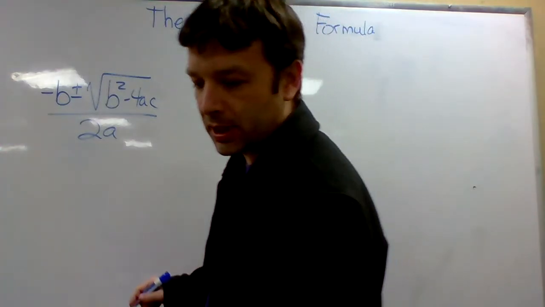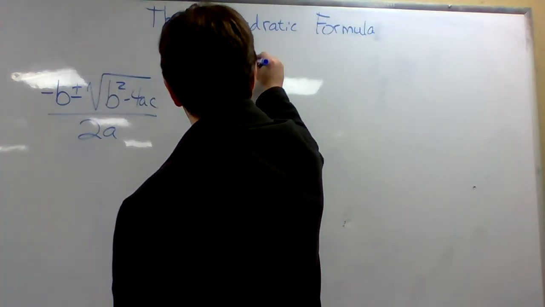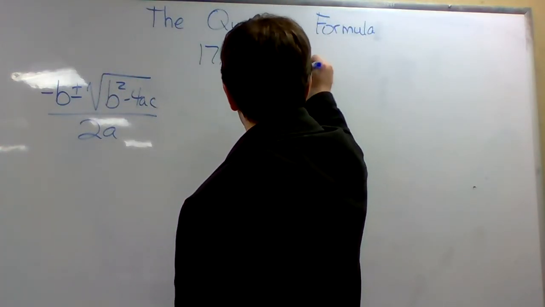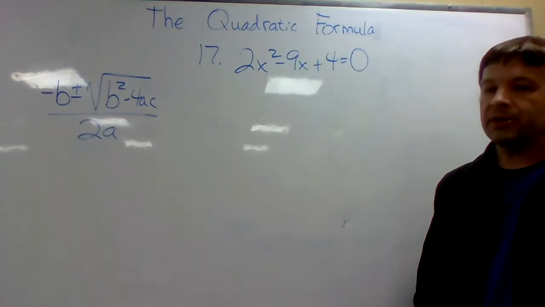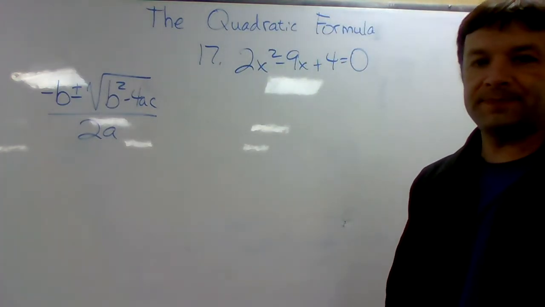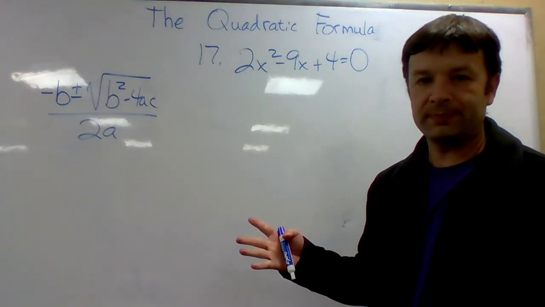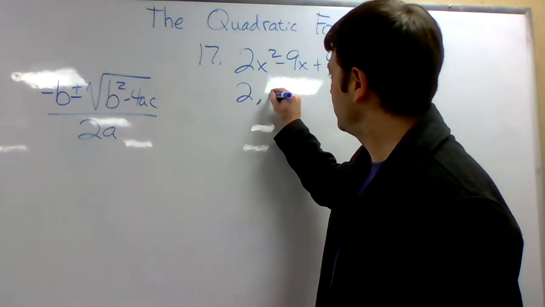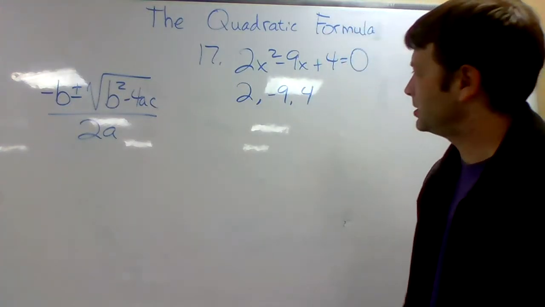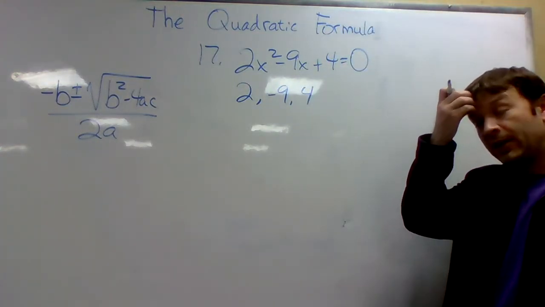Two x squared minus 9x plus 4. Okay, so what do we start with? A, B, and C. So A, B, C. All right.